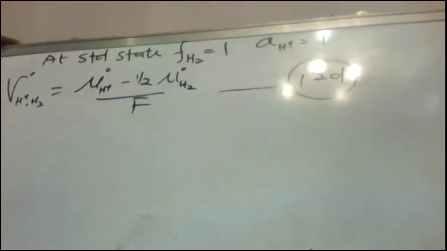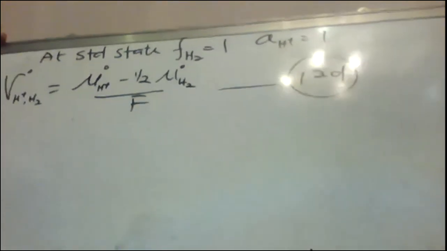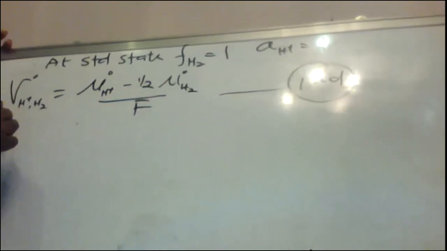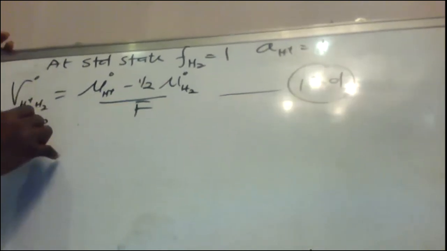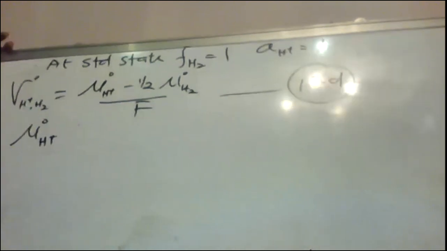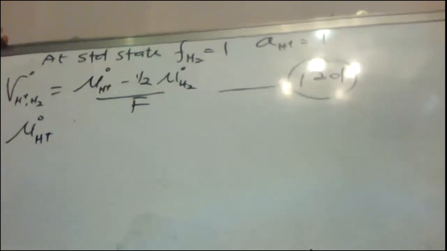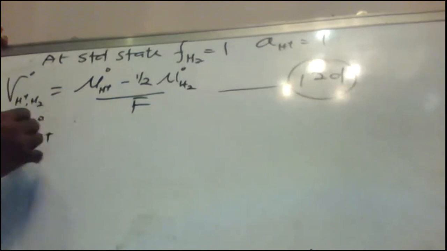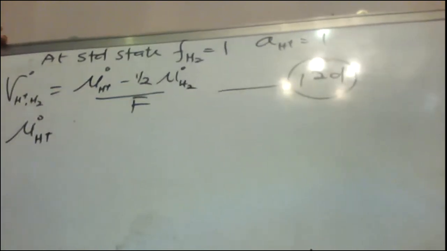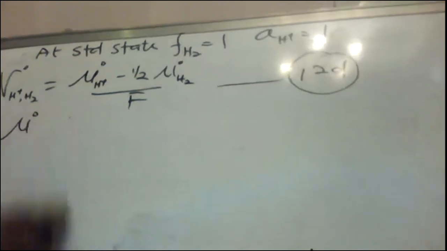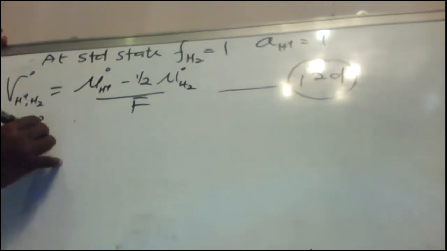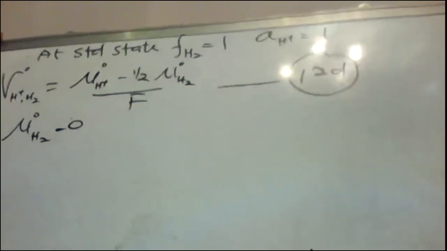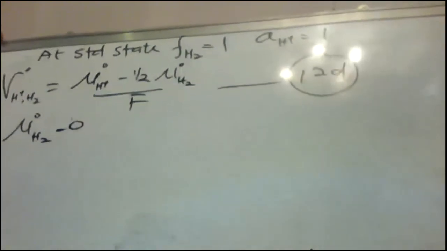Equation 12D. Also remember from our previous derivations that the chemical potential of a species in its gaseous state is equal to 0.